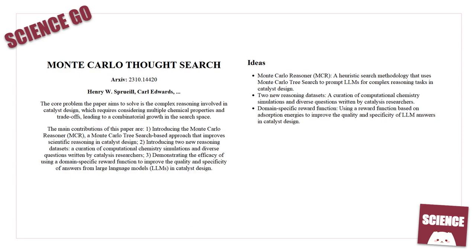The paper Monte Carlo Thought Search introduces a new approach called the Monte Carlo Reasoner, MCR, to help scientists design catalysts. Catalyst design is a complex task that involves considering many different chemical properties and trade-offs. The MCR uses a method called Monte Carlo Tree Search to prompt large language models, LLMs, for answers to difficult questions in catalyst design.